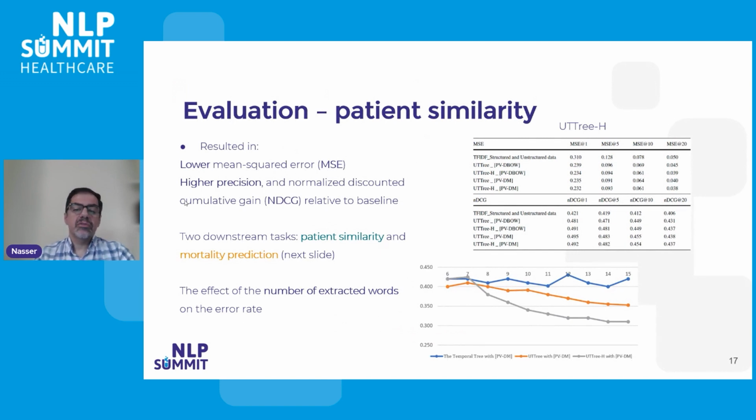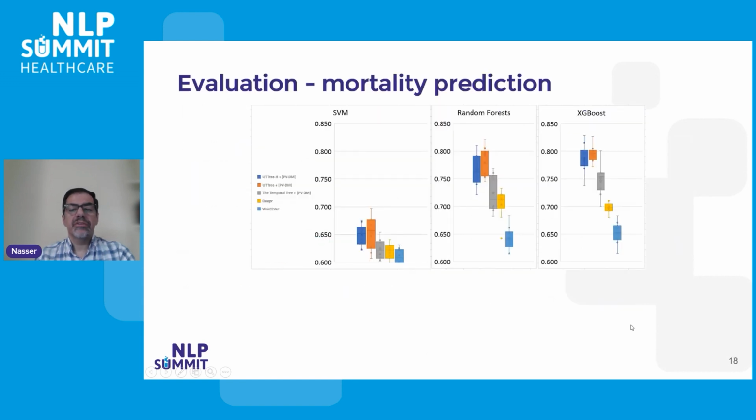The details can be found in our publications, but the overall results show that we have lower mean squared error using UT3 and UT3H, more precision, and a specific measure called NDCG that is improved by our proposed method. We also evaluated the effect of the number of extracted words. UT3H has lower error when the number of words is increased.